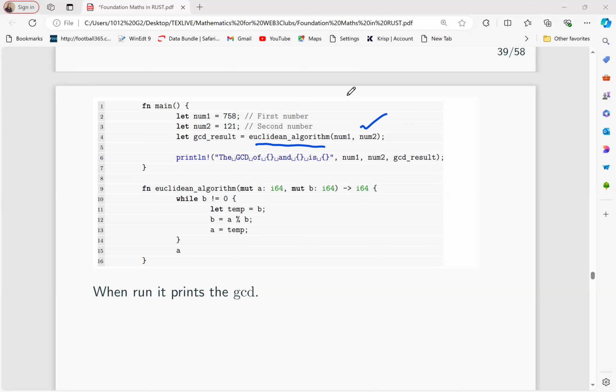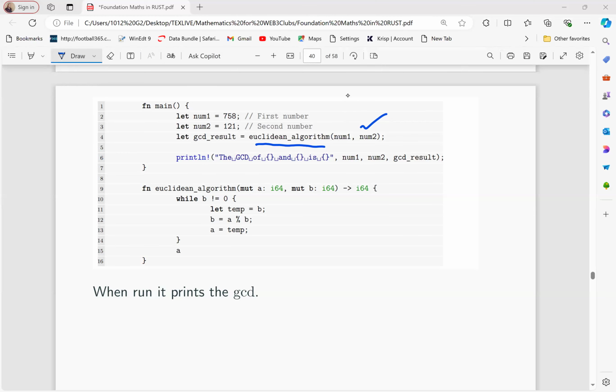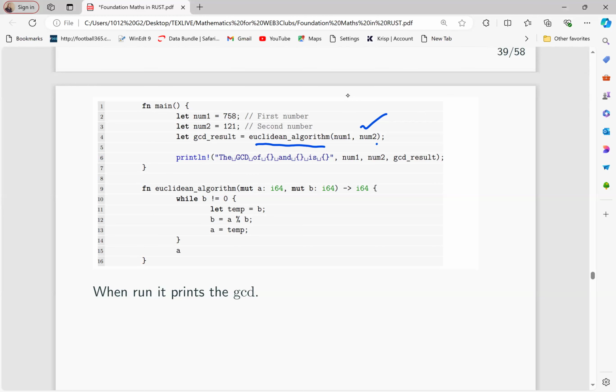Now, this is the main function. You've defined your first number, you've defined the second number, and then this calls the Euclidean algorithm function with number 1 and number 2. It calculates the GCD, and after that it prints the result.